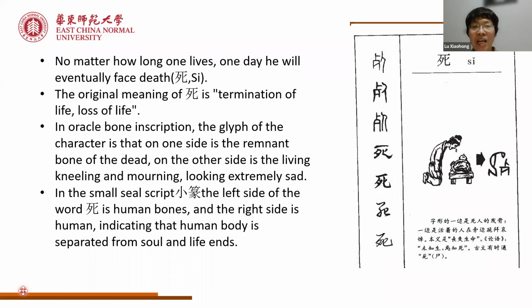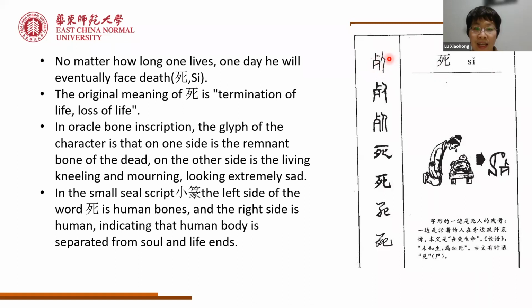Now, no matter how long one lives, one day he will eventually face death. That is 死. The original meaning of 死 is termination of life or loss of life. Well, in oracle bone inscription, the glyph of this character is that on one side is the remnant bone of the dead.